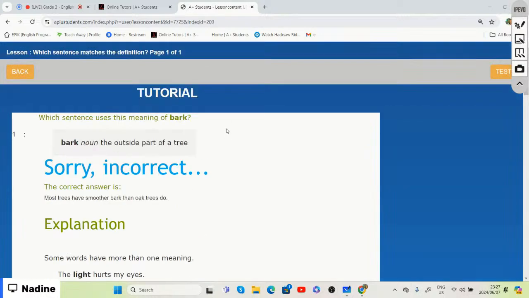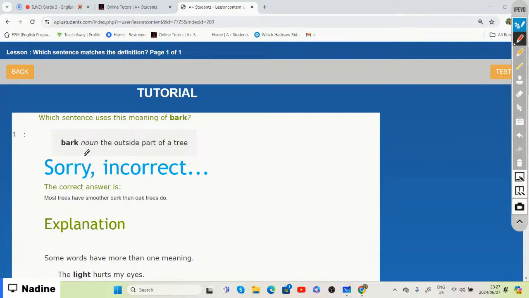All right. So now we are going to say which sentence matches the definition. We need to say which sentence uses the meaning of the word bark. Bark is a noun and it's the outside part of a tree. It says most trees have smoother bark than oak trees do, which means that we are going with that one.